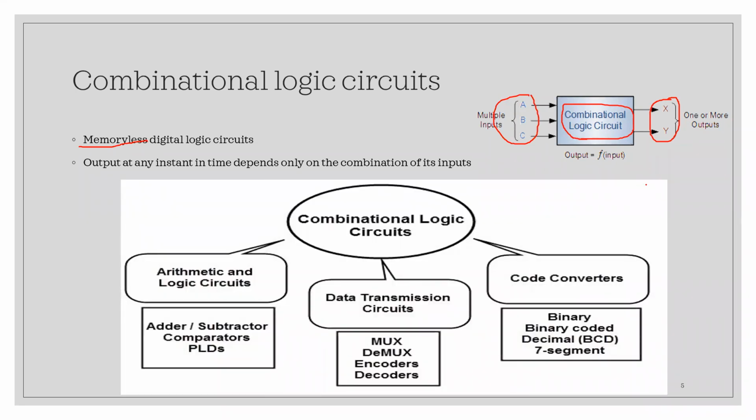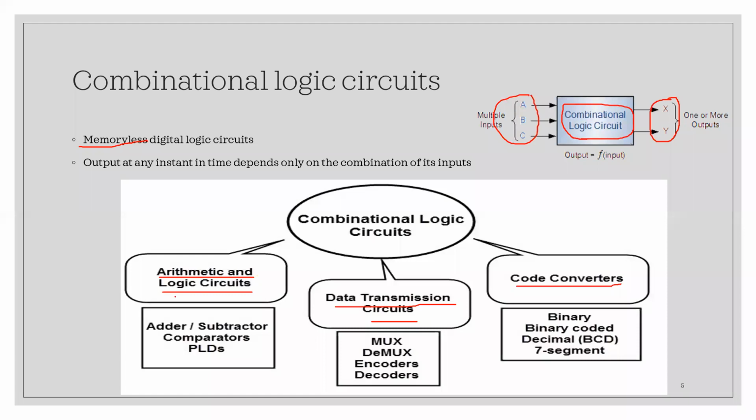What are the different types of combinational circuits you have come across? The first one is arithmetic and logic circuits. The next one is data transmission circuits, and the last one is the code converters. Under arithmetic and logic, it is nothing but adders, subtractors.